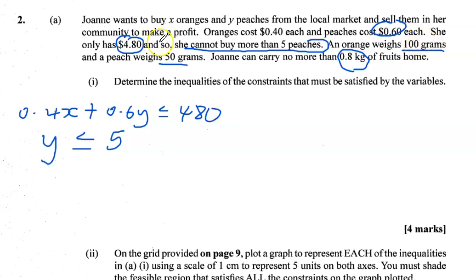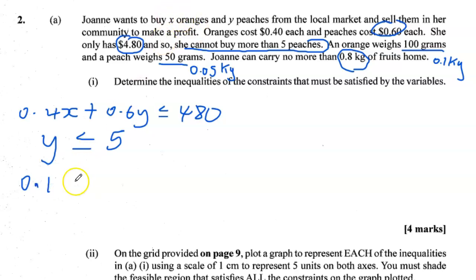So 100 divided by 1,000, that's 0.1, and 50 divided by 1,000, that's 0.05 kilograms. And the orange, 0.1 kilograms. So we convert everything to be on the same unit just to be consistent throughout.